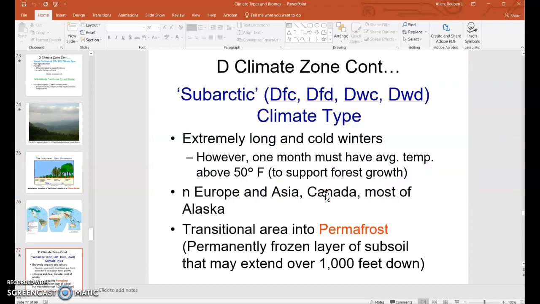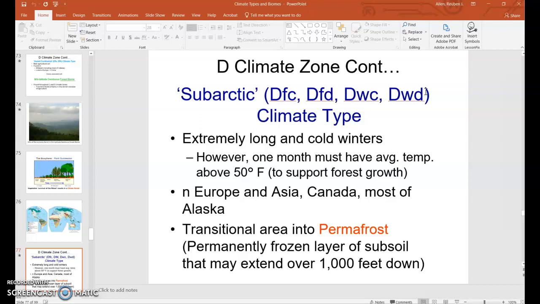Now, ranging northward, north of our humid continental climate type, we have subarctic. Subarctic, as it sounds, is dominated by winter, and so we have many different subtypes here, specific climate types with these different lettering combinations, but they're just in reference to how intense and how lengthy winter is.